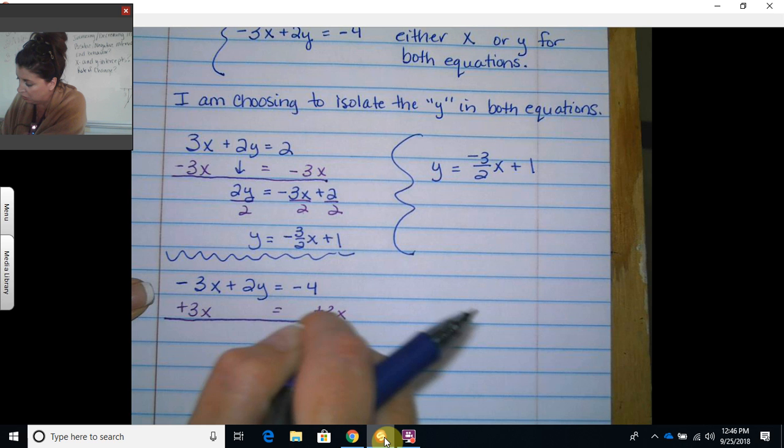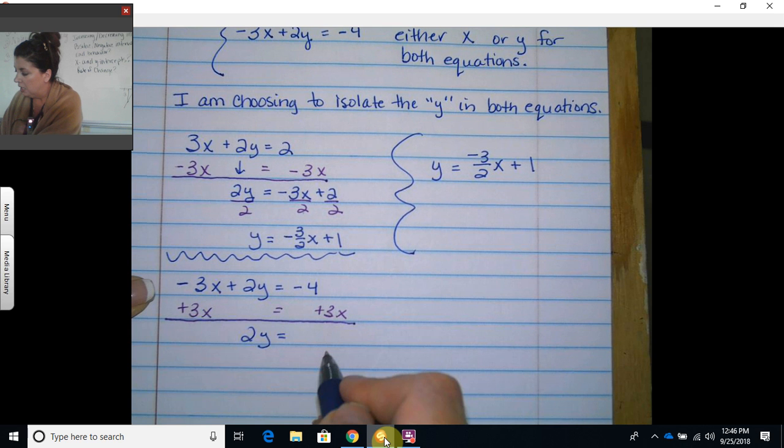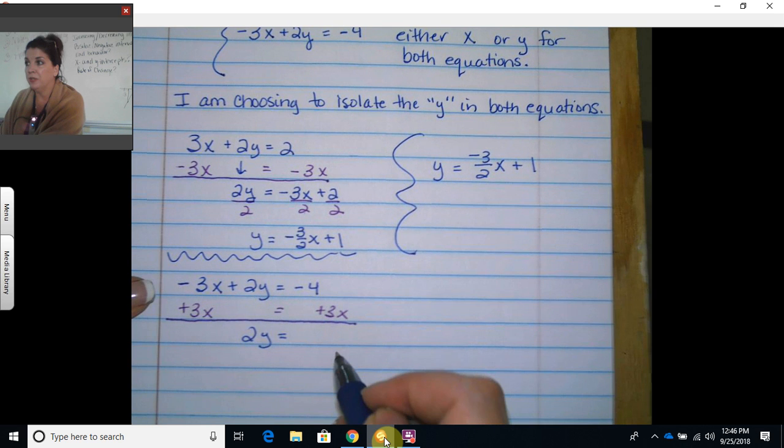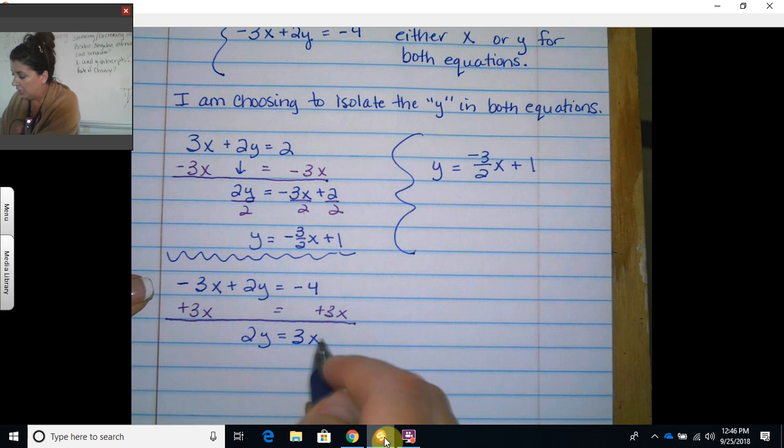So negative 3x plus 3x is 0. So on the left side, I'm just left with 2y, and it's positive, equals. On the right side, negative 4 plus 3x, those are not like terms, we can't combine them. So I'm going to write the term with the x first, which is a positive 3x, and 4 is negative, so minus 4.